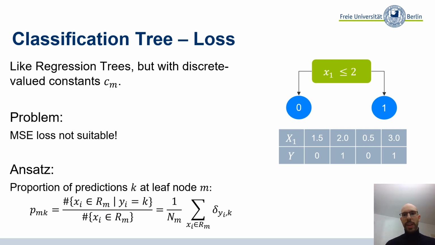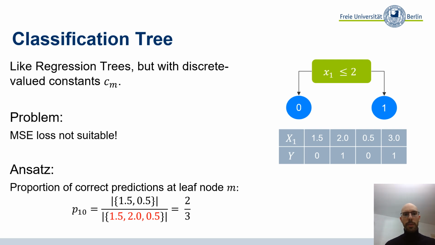Basically, if we started feeding data points from here, we would look at all data points which get fed down here, for example. That would be all points here, and then we would look at the number of points for which we get a particular label.